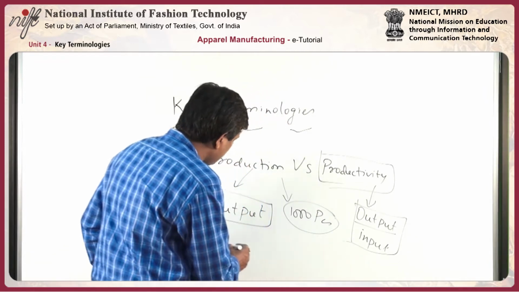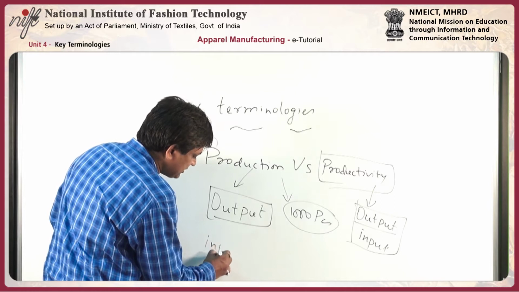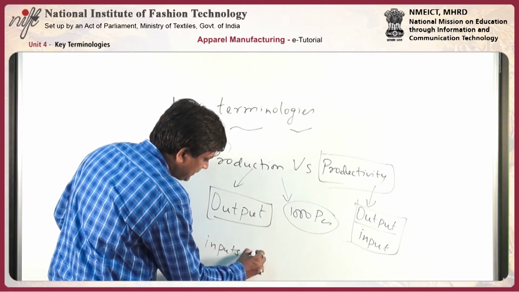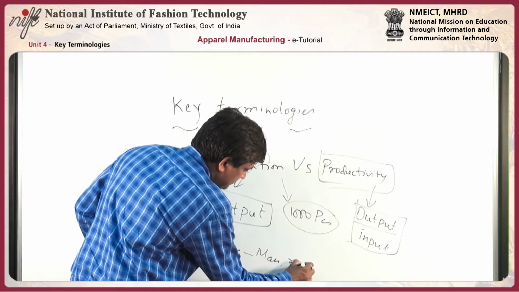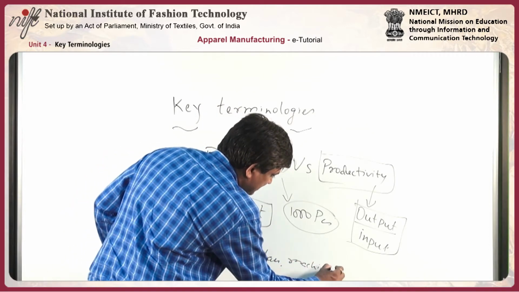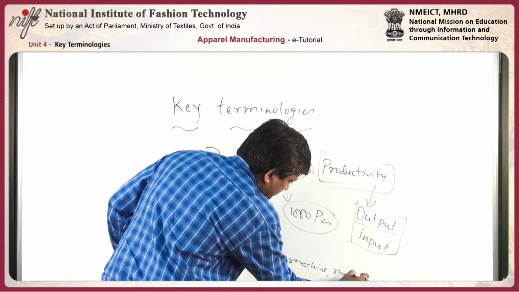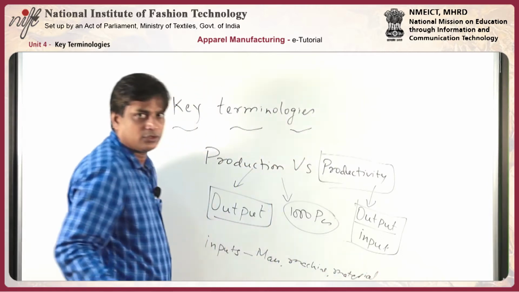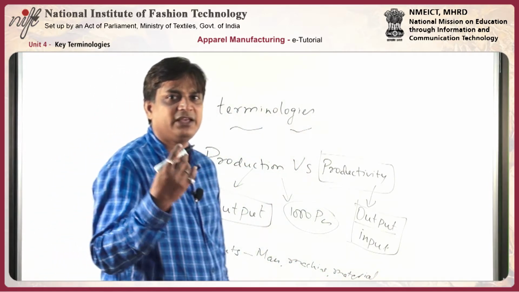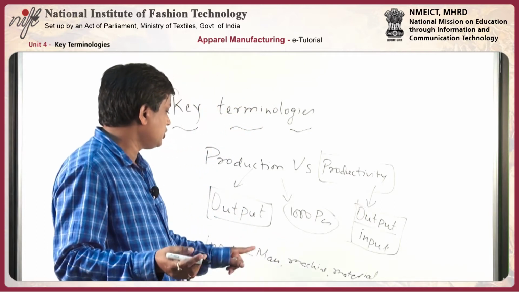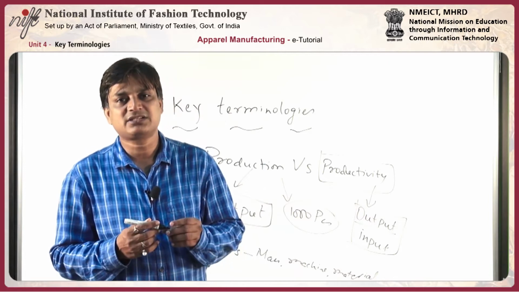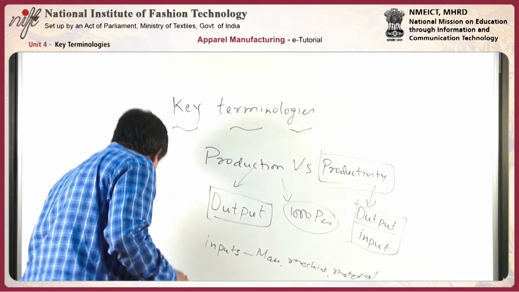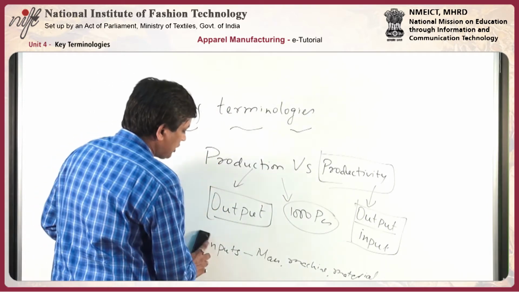Examples of input can be man, machine, material, and so on. So, we have the input and we have the output. This is the relative term.